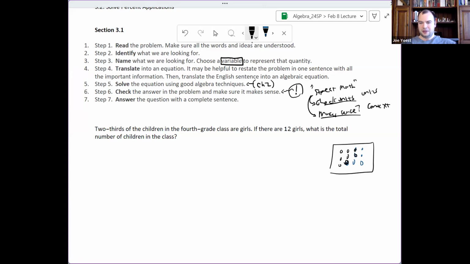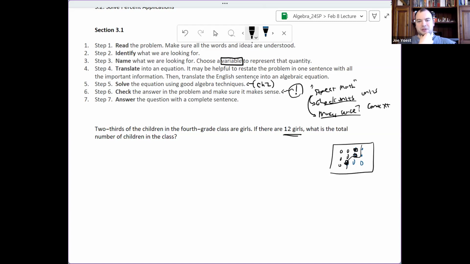So let's change some of these blue circles to black. Okay, so now this isn't a perfect representation. So I have some girls, some boys. But now I know there are 12 girls. If there are 12 girls, what's the total number of children in the class?